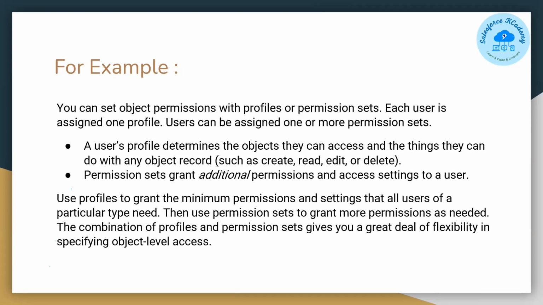In short, a user's profile determines the objects they can access and the things they can do on that particular object. That is the nature of the profile, which will make sure that the user with that particular profile can access and do certain things like create, edit, and delete records on that particular object.